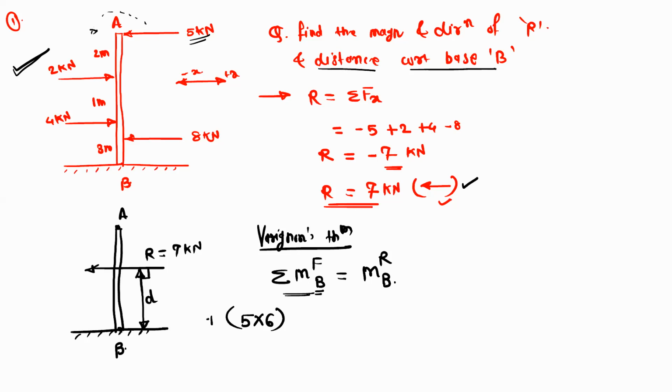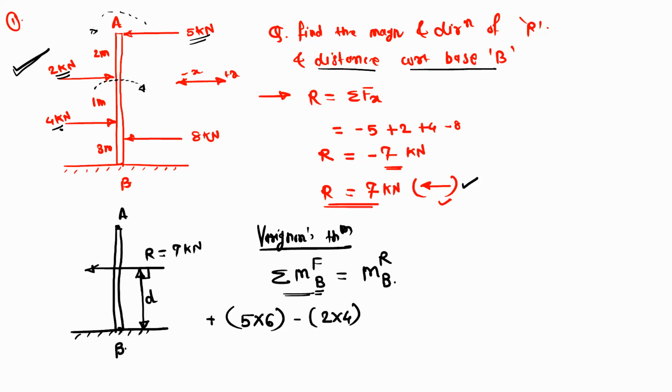So it is positive. Then the second force is 2 kilonewton. For 2 kilonewton, the perpendicular distance is 4 meter. So its moment will be 2 into 4. And its sense of rotation is clockwise about the point B. So this is negative as the moment is clockwise.